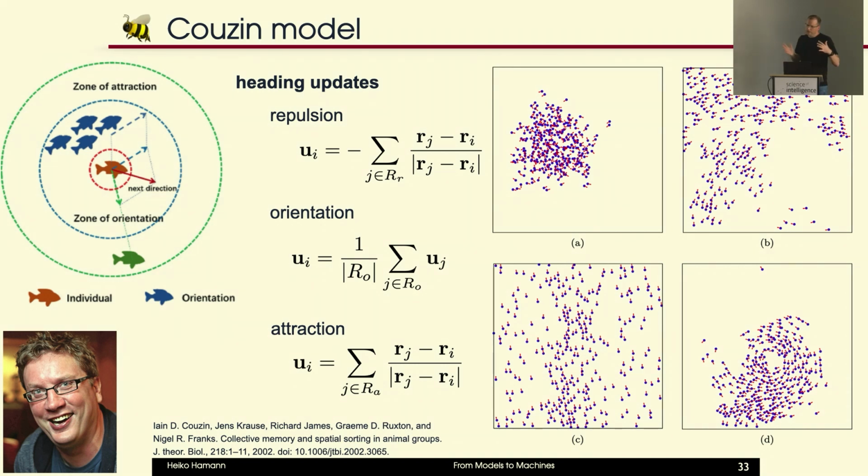You try to align in terms of orientation, and if you're a bit out of the swarm, you might be pulled back by some attraction force. Depending on parameterization, you might see a more random kind of behavior, or very much aligned behaviors, or more like this milling, for example.